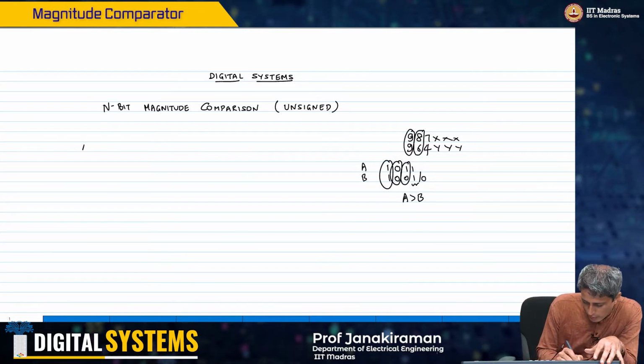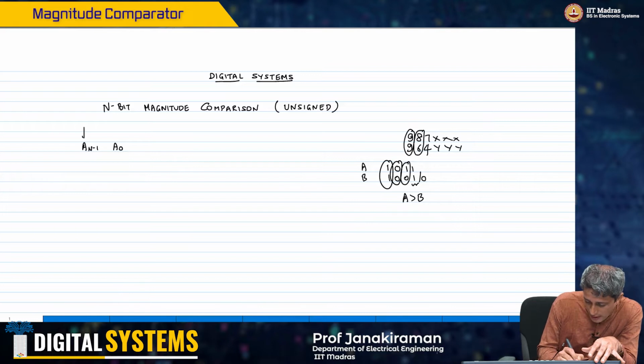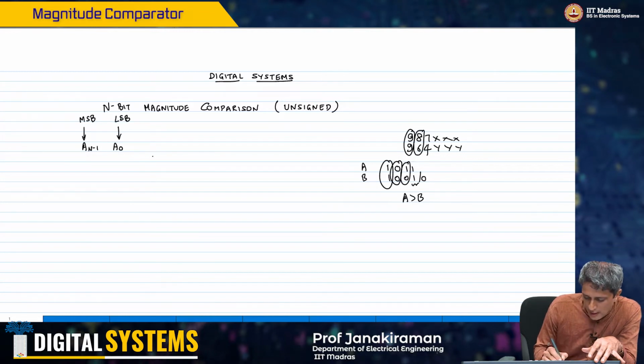As usual, you have n bits, A(n-1) to A0, with A(n-1) being the MSB and A0 the LSB, and then you have B(n-1) to B0.